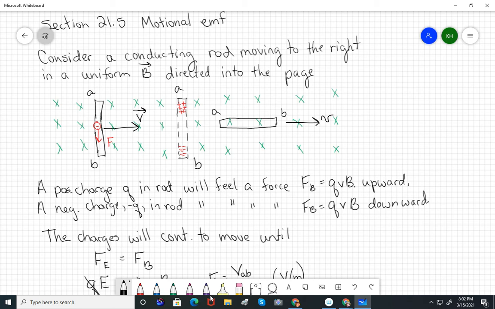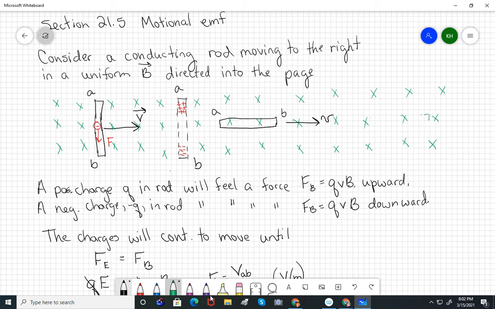What's going to happen by the time it reaches over here? Will there be a potential difference between end A and end B? And the answer is no.